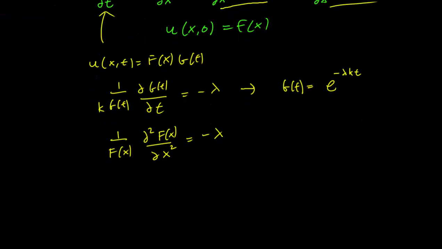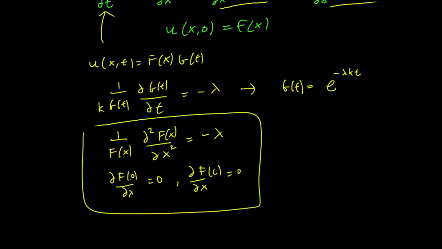The eigenvalue problem for the f is a little different though, because our boundary conditions have changed. This time we have that the partial of f with respect to x at 0 equals 0, and the partial of f with respect to x at L equals 0.